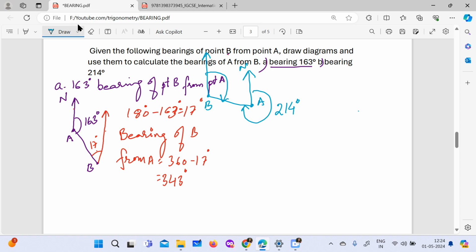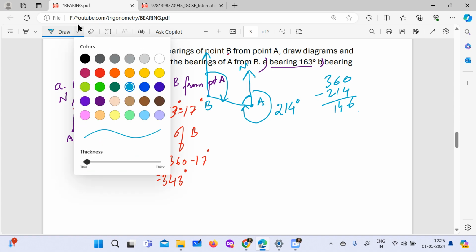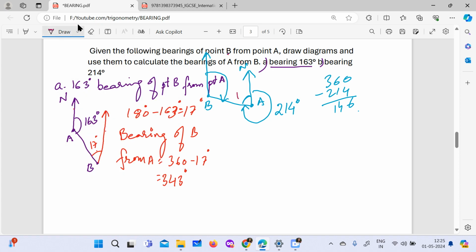This is 214, and we know that if this is 214, then 360 minus 214 will give you this angle. We can figure it out. So 360 minus 214, that will be 146.